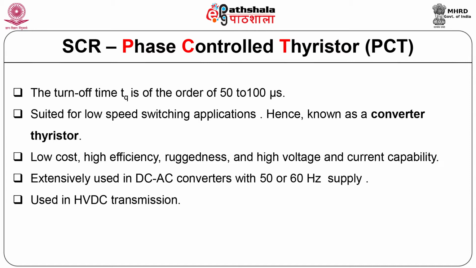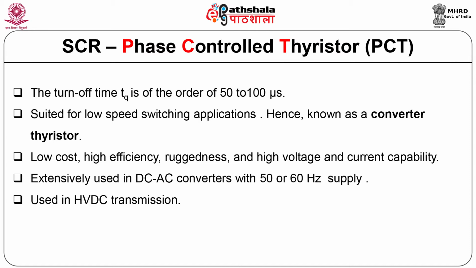So, basically it is used for phase control, that is why it is called as phase control thyristor. These are slow thyristors, turn off time is of the order of 50 to 100 microseconds. These are suitable for low switching applications, hence those are also called as converter thyristors.